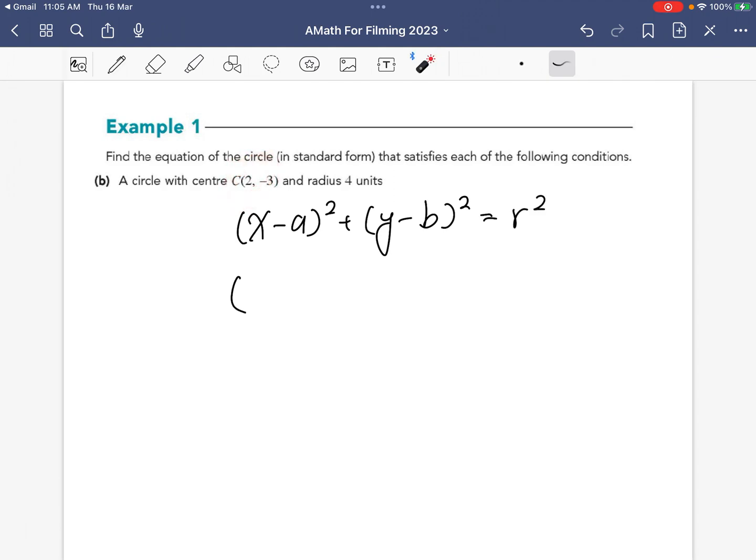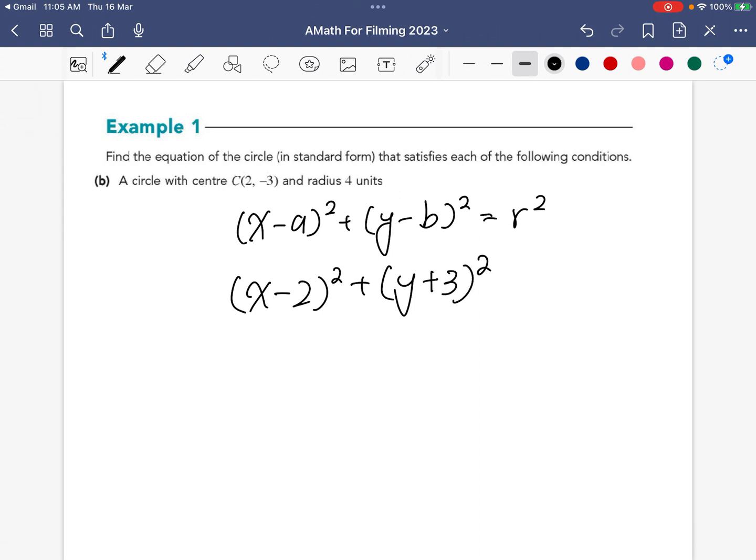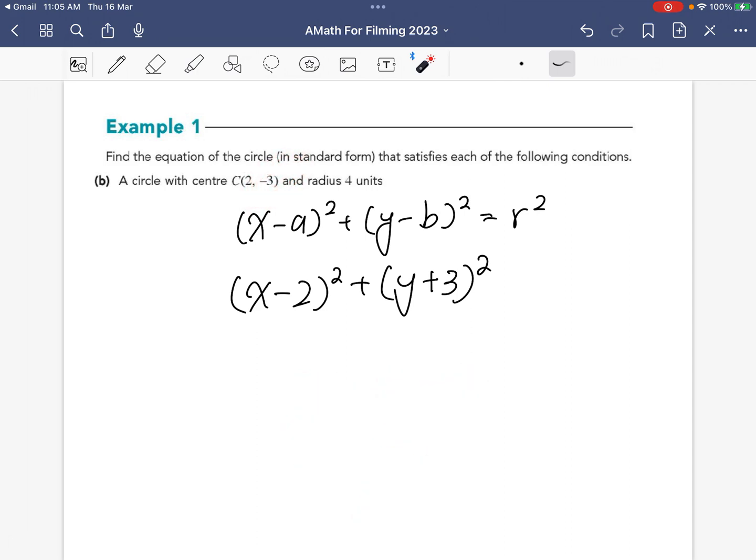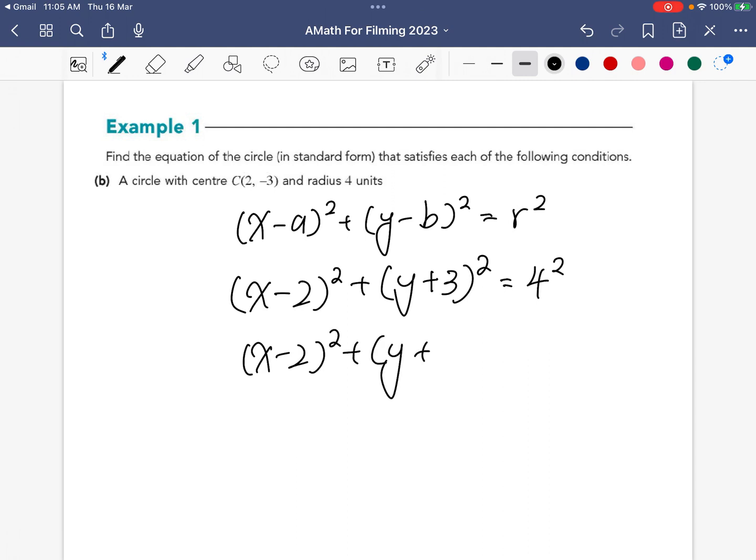Here it is 2, so I'll write (x minus 2) squared plus (y minus negative 3), so here what we get is plus 3, squared. Because this is minus 3, y minus negative 3 gives you y plus 3, squared, equals r squared, which is 4 squared. If I simplify, I get (x minus 2) squared plus (y plus 3) squared equals 16. Also quite simple, I feel.